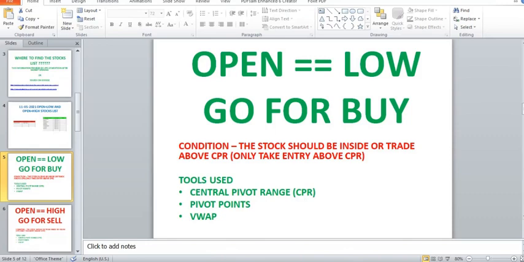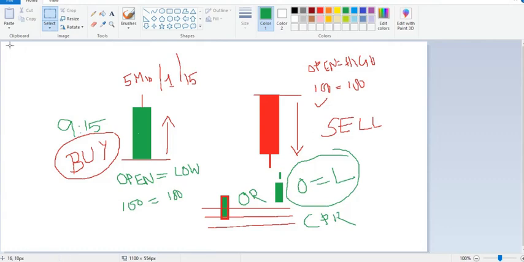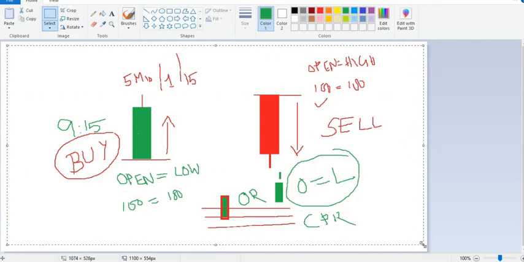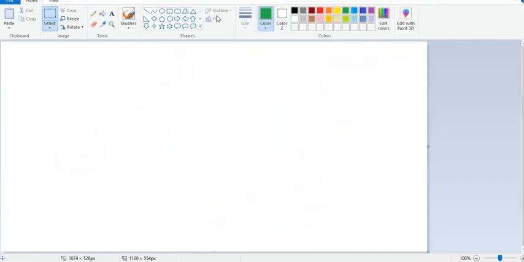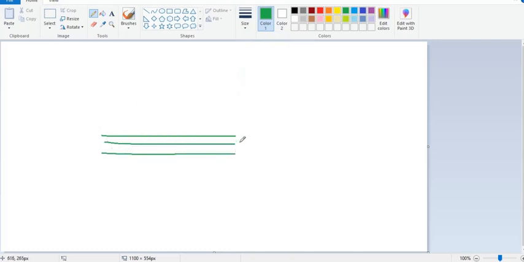CPR acts as a strong support and resistance. I hope you all know about that. This is the pivot point, this is the top CPR and the bottom CPR.